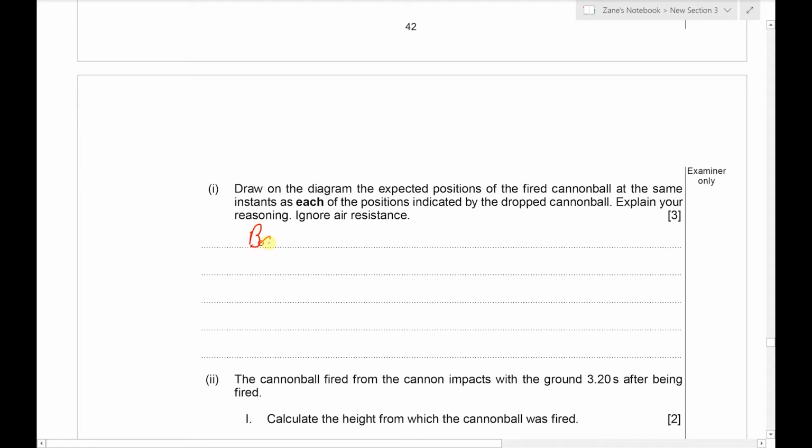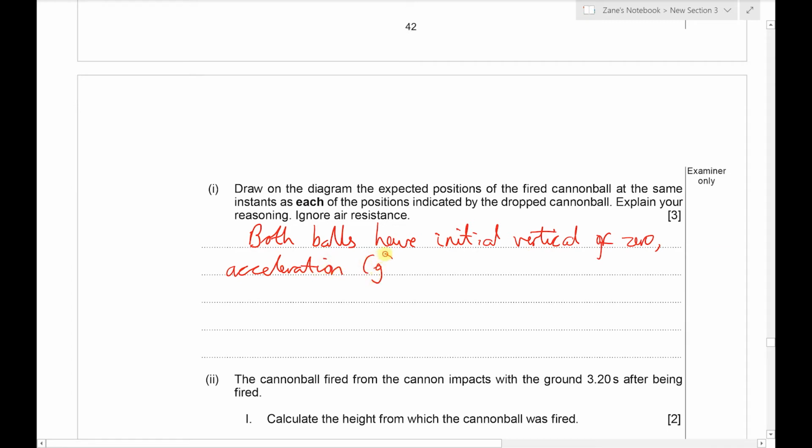Well, both cannonballs have the same initial velocity of 0 in the vertical direction. We've got to be very careful here. So they have the same initial vertical velocity of 0. They've got the same acceleration, the acceleration due to gravity. Let's put that in brackets.